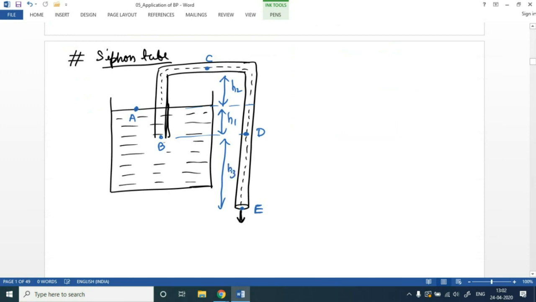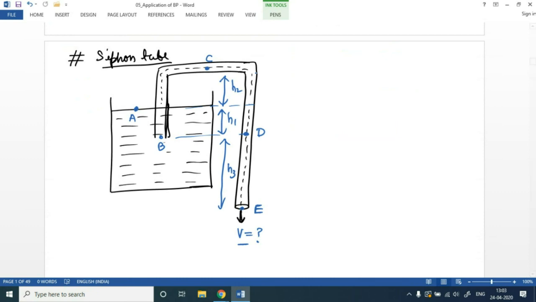The first thing we want to find out is, if the liquid is going to come out of here, what would be the velocity of this liquid over here. All the parameters are given, and you have to also assume that this siphon tube has a uniform cross-sectional area.